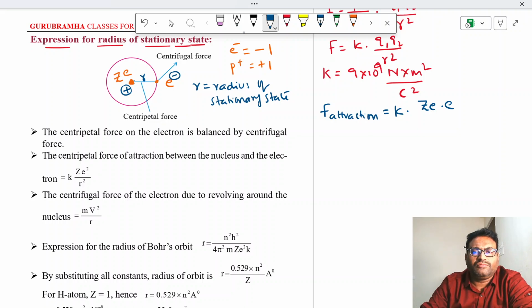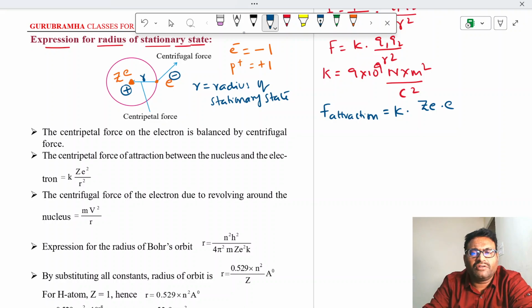These two charges, one is the nucleus charge and the other is the electron, are separated by distance r, that means the radius of the stationary state.